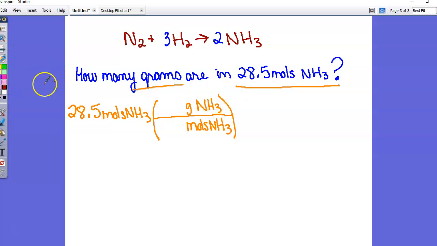When we did these problems before, whenever moles was opposite grams, what number always went with moles? A 1. Where do we get the grams number at? You add up the N and the 3 H's from the periodic table.